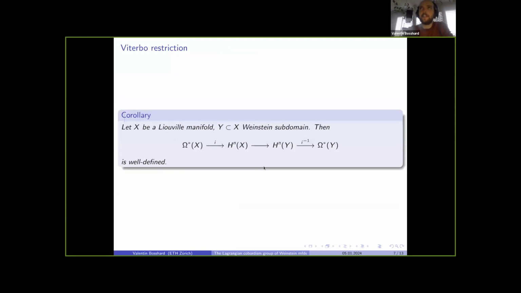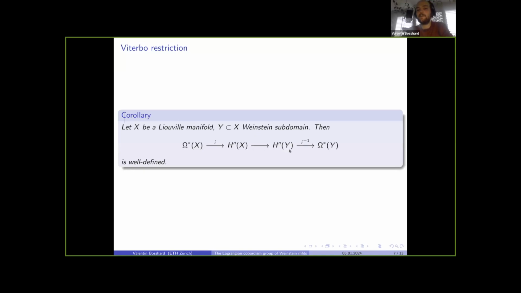Okay, maybe another quick application. Maybe you know about Viterbo restriction in symplectic homology, Viterbo restriction for the Grothendieck group. You can do something similar for the Lagrangian cobordism group using this theorem before. If you're in the setting of a Liouville manifold and you have a Weinstein subdomain, so a subdomain that doesn't necessarily complete to X itself, then you can do the following, just using this map I that I said is well defined, going from the Lagrangian cobordism group to cohomology.